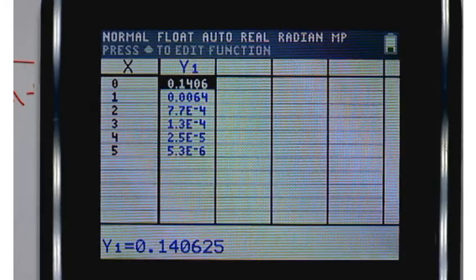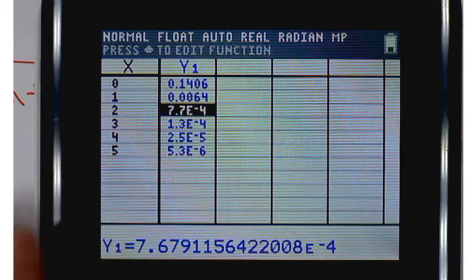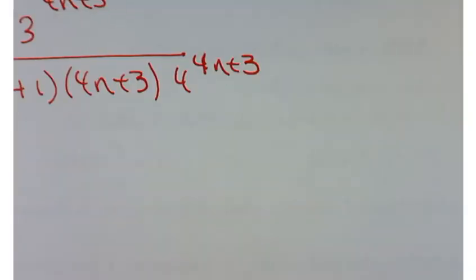I'm looking for something that's less than 1/1000th. So there you go. 2 terms. I need 2 terms in this series. So those 2 terms will give me an approximation that's accurate to less than 1/1000th.